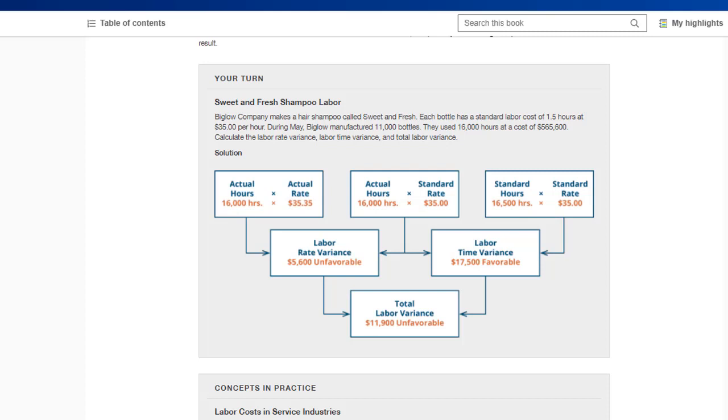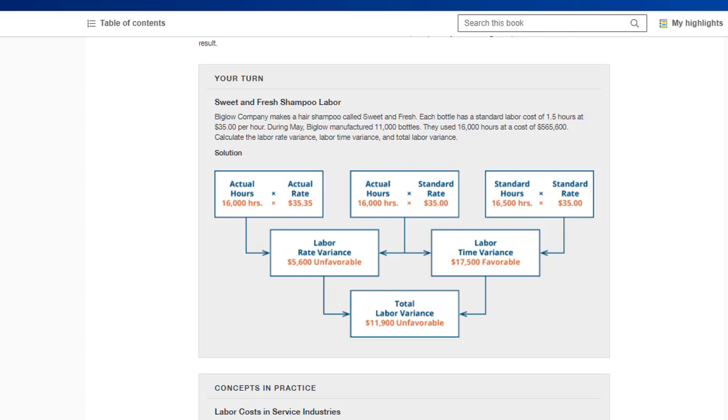The two boxes in the middle are designed to tell you why the number is a favorable $11,900. The middle row box on the left says, hey, look, you used 16,000 hours.